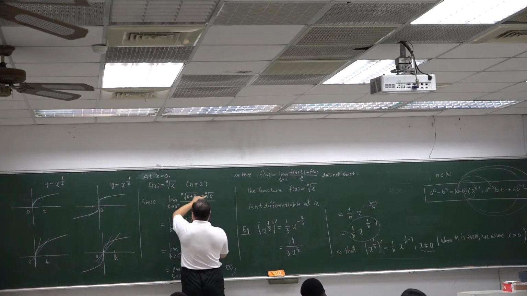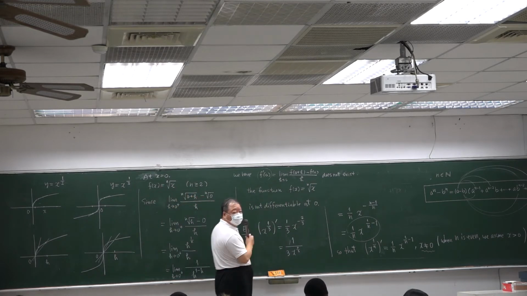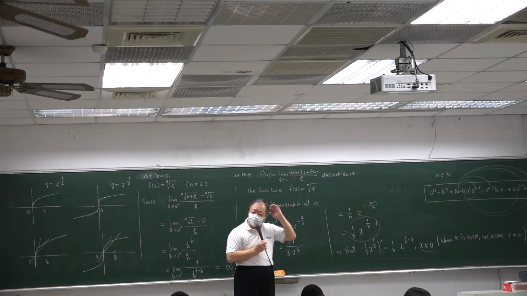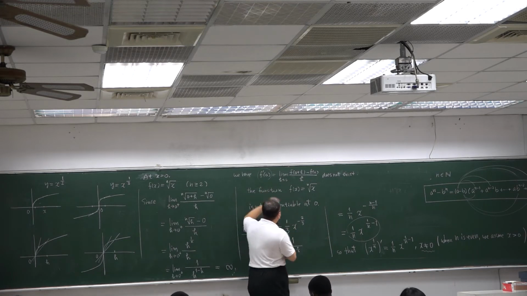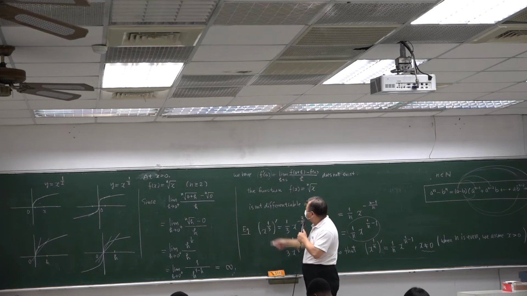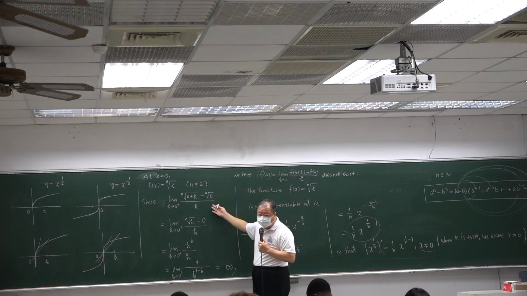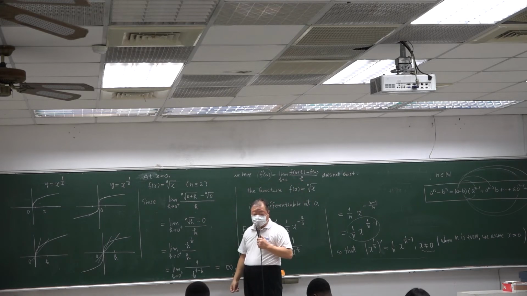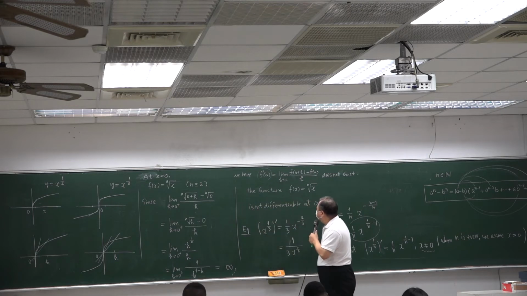Because the definition of derivative is the limit of the difference quotient. If we want to find this, of course, by definition, we have to calculate this. Okay. Got it? I hope you can understand this. All we have to do is find this one, if it exists.